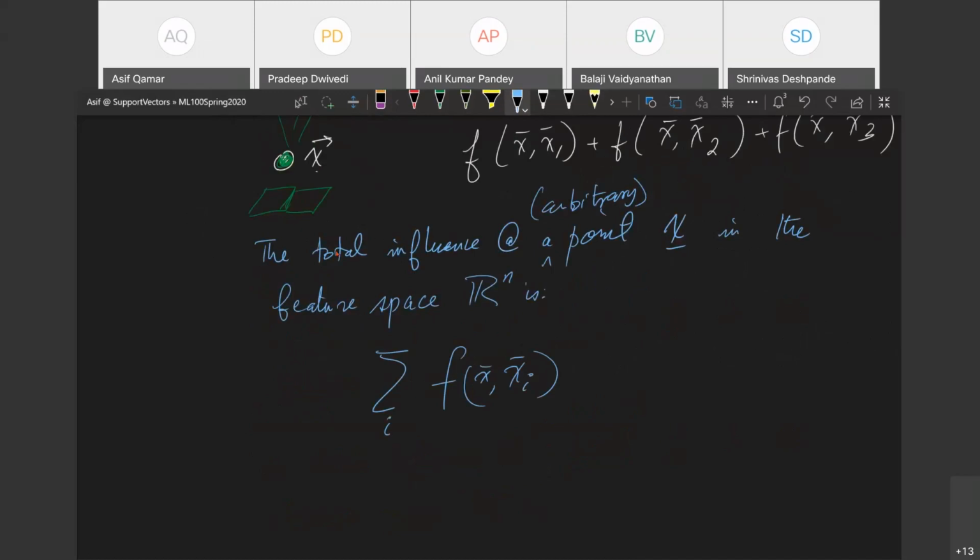Let me just call this the total influence function, the total influence at x.